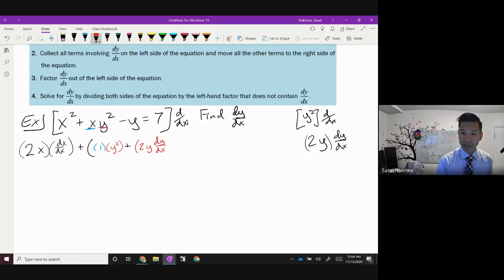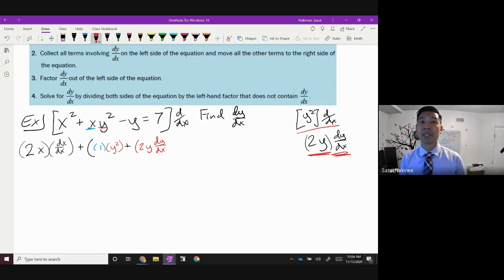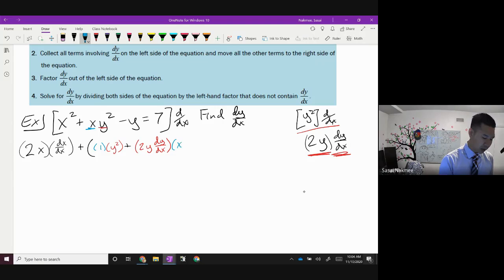That's where I need you to pay attention. The derivative of y squared is not just 2y, but it's 2y with the dy dx multiplying with it because of the chain rule. It's the derivative of y itself with respect to x. Now this, of course, is multiplying with, don't forget, the first function, right?